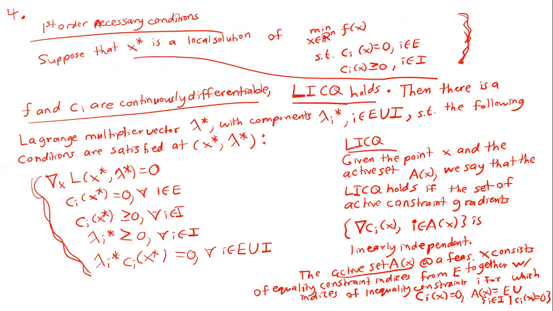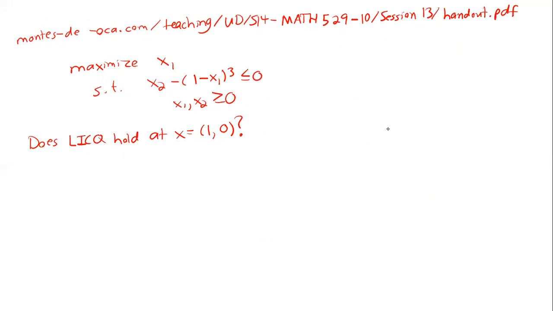Given the point x and the active set at x, the LICQ holds if the active constraint gradients are linearly independent. So right now, our x is going to be (1, 0).